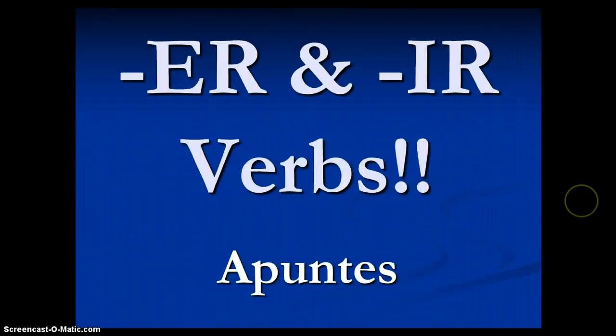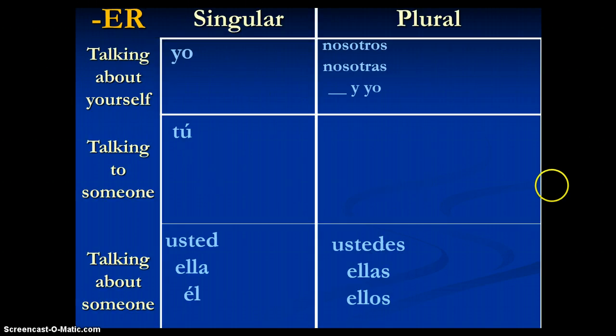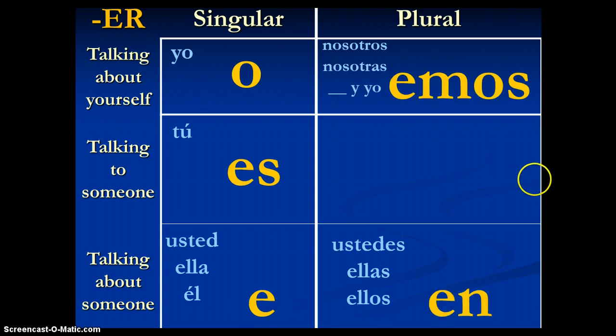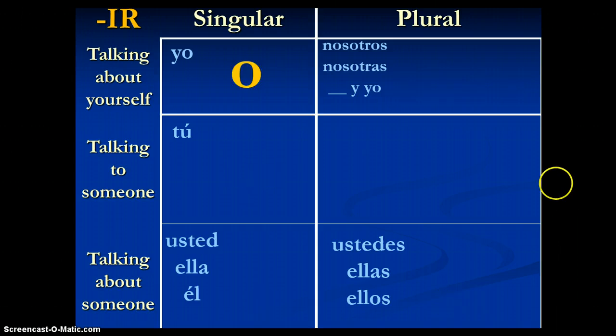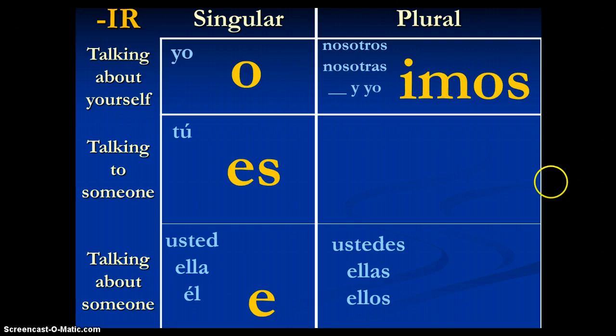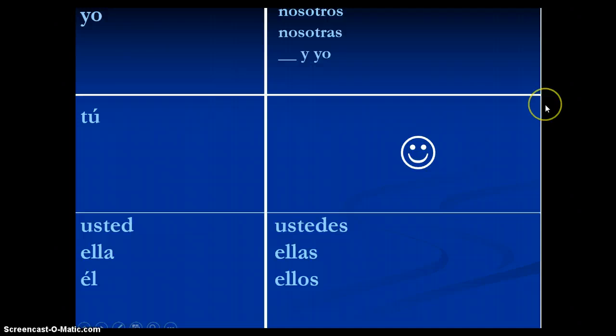So that's easy enough, but what about ER and IR verbs? Well, it's very similar. ER verbs have one set of endings, o, es, e, emos, and en. And IR verbs have another set, o, es, e, imos, and en. So the difference between the ERs and IRs is just right here. The ERs are emos, the IRs are imos. So let's see how that looks.